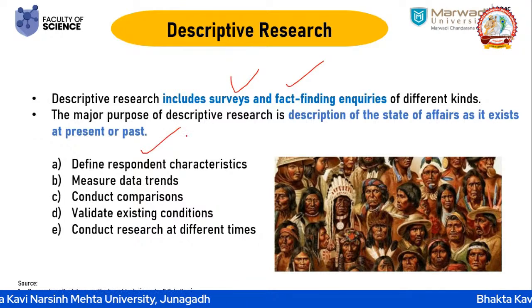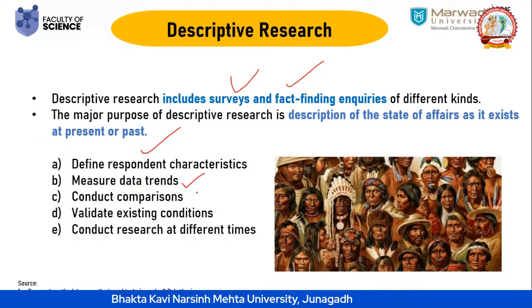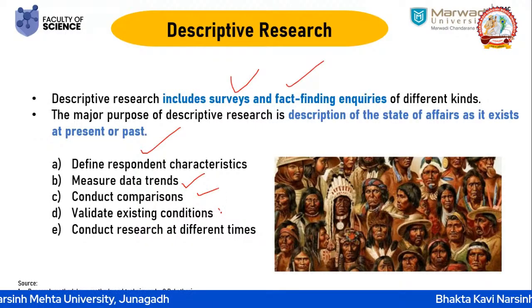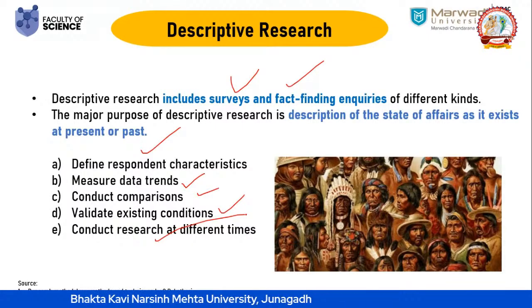If you do fact-finding inquiries, you measure the data and from that you come to a conclusion. You may do comparisons, validate the existing condition, and then study at a different time, and whatever data you get, you propose in your research.